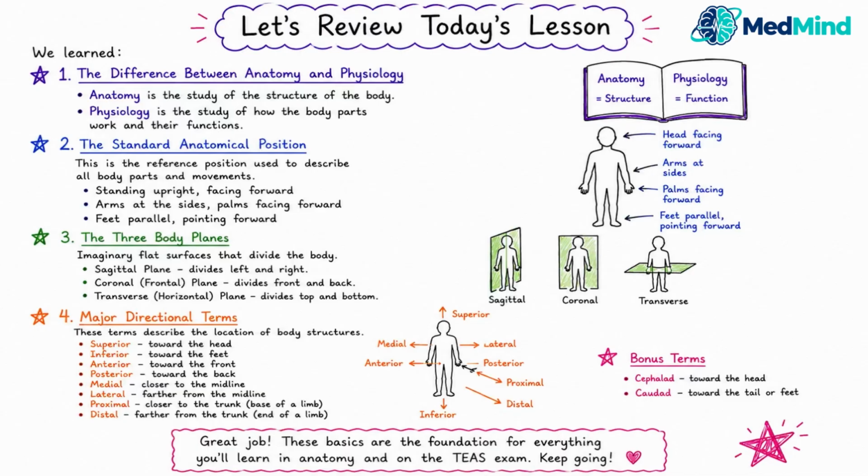Proximal means closer to where a limb attaches to the body. Distal means further away from the point of attachment. These may seem like simple concepts, but they are the foundation of anatomy and physiology. Once you understand these basics, learning the body systems like the heart, lungs, kidneys, and digestive system becomes much easier.